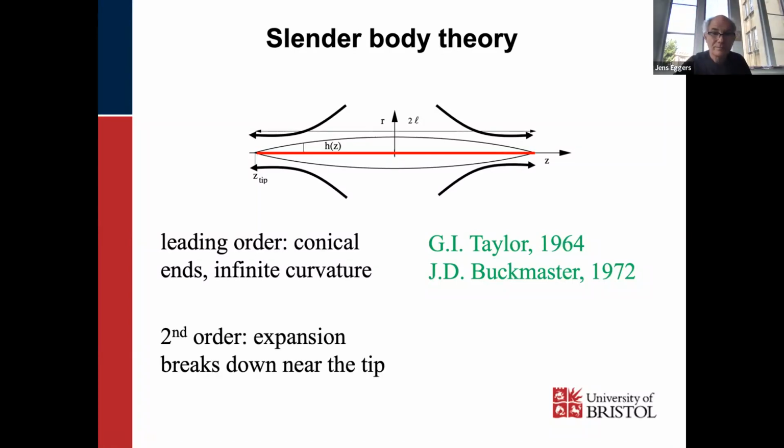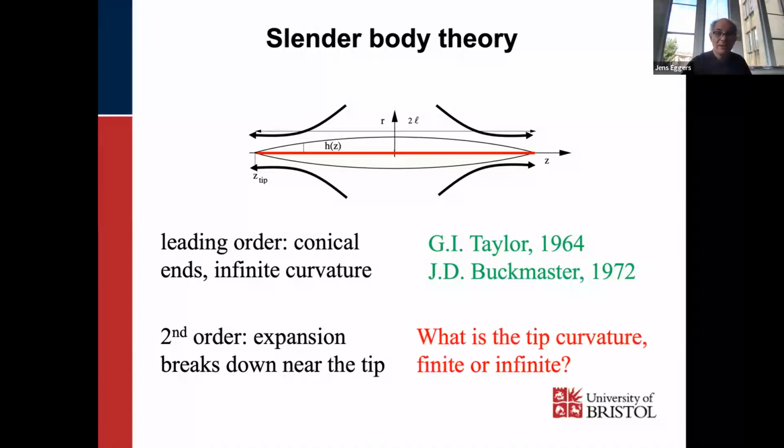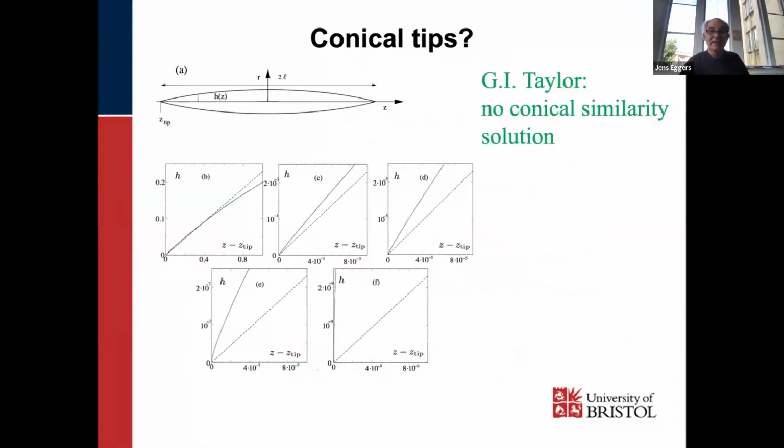And this calculation was then later extended to the next order, which is something I will come back to later. But let me, in some sense, begin with some of the results I'm going to get to make you aware of what the issues are.